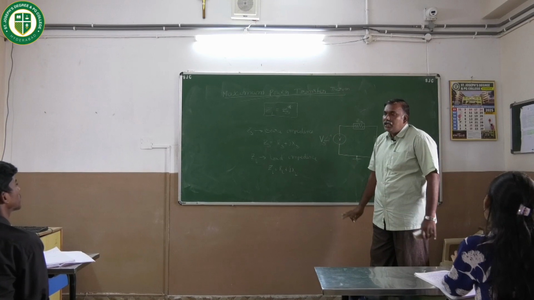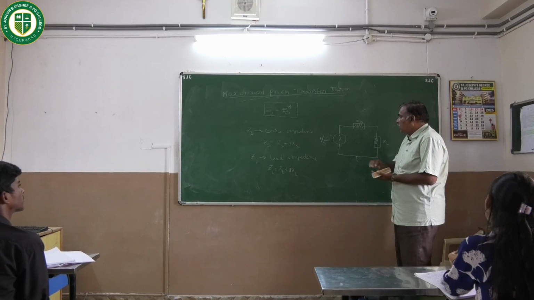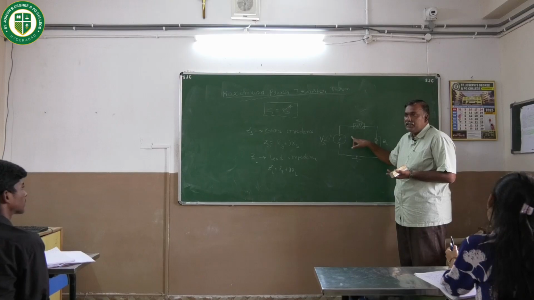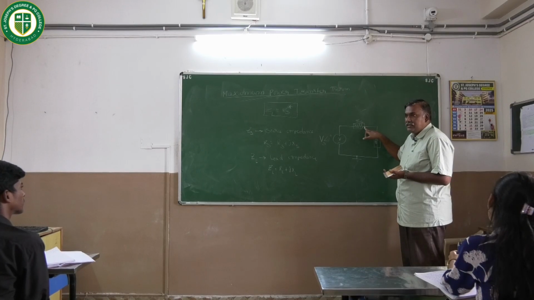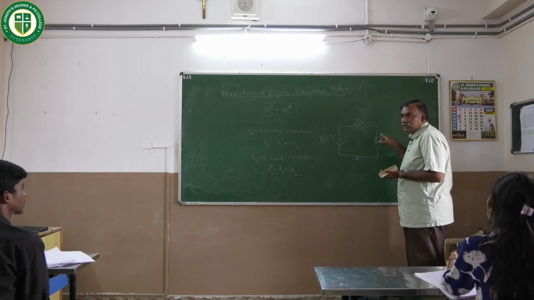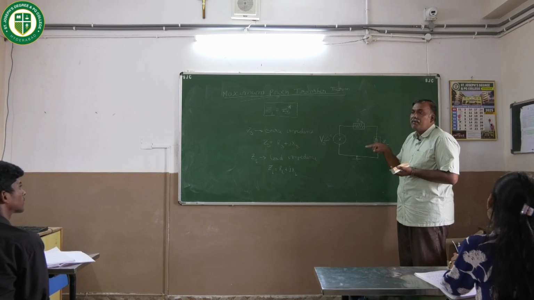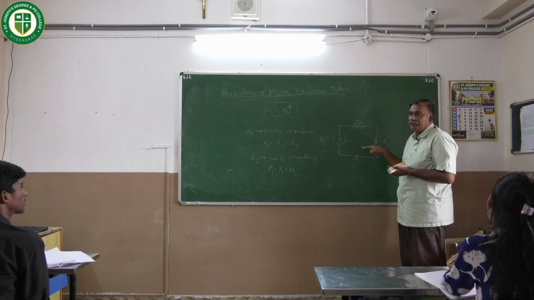Yes, class. Now, this is nothing but your antenna, or your transmitter having an impedance Zs. This is nothing but your mobile. All are connected in the form of a loop or a circuit.